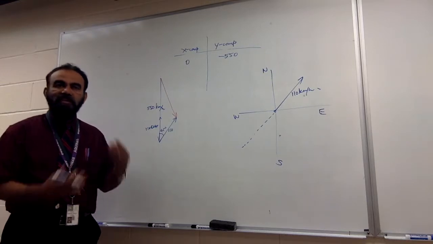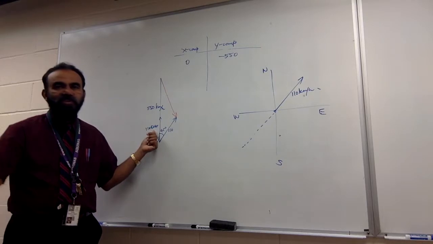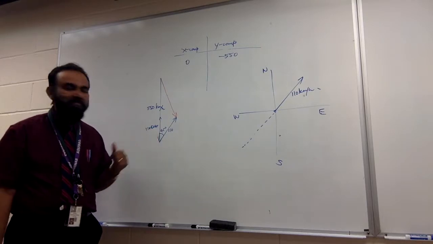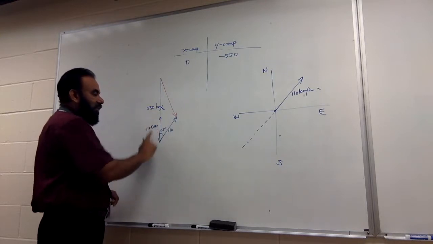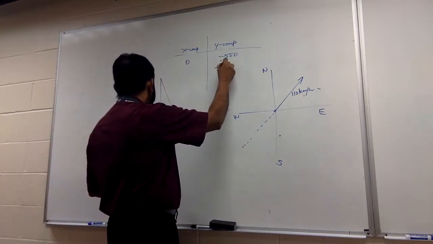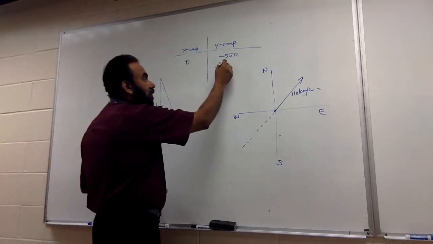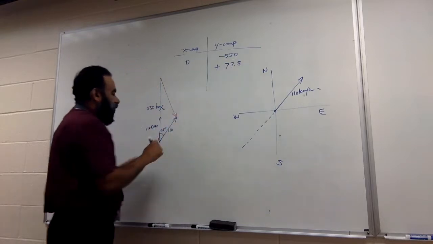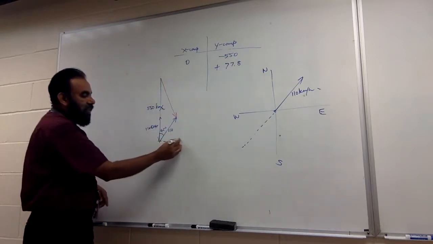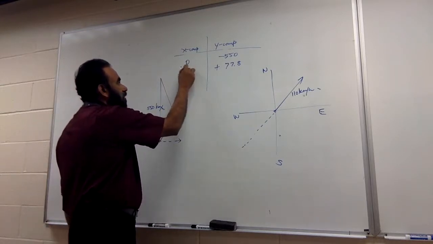Even if you wrote sine 45 instead of cosine 45, you still get to the answer. So this velocity has a vertical component, that's plus, how much is 110 cosine 45? 77.8. And the horizontal component of this is also positive, which is sine of that, so plus 77.8.